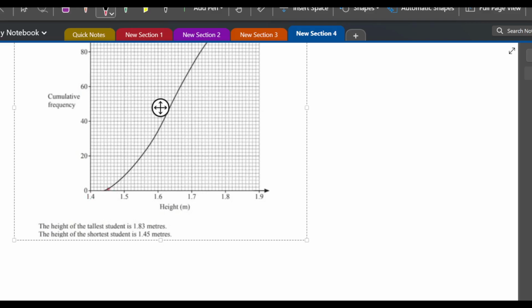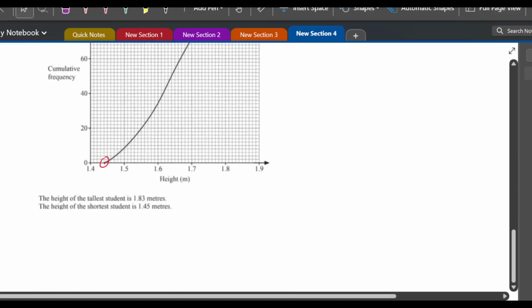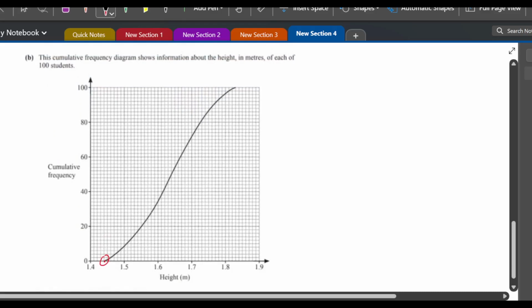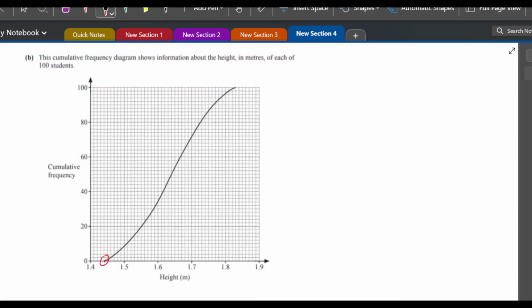1.4 is here, 1.45 will be somewhere here, and this is the smallest height, and the tallest.